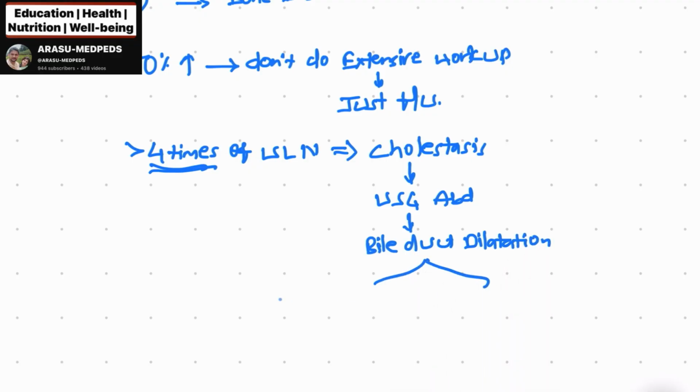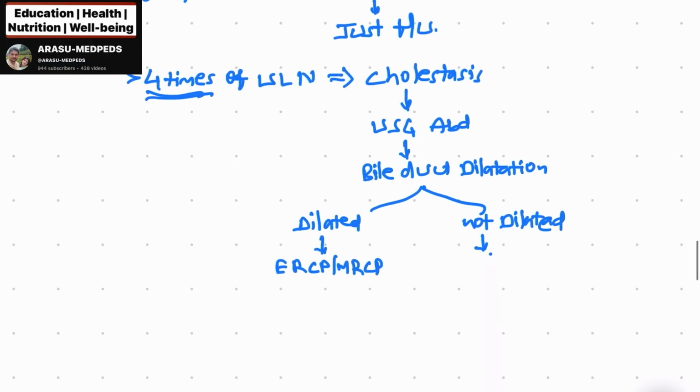Suppose in ultrasound we get it as dilated bile duct. So the next step will be considering ERCP or MRCP. Suppose it is not dilated. In USG, there is no dilatation of bile duct. In that case, we have to send for AMA levels, that is anti-mitochondrial antibodies for primary biliary cirrhosis.